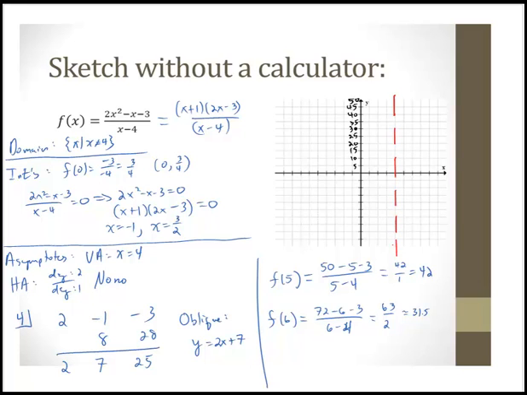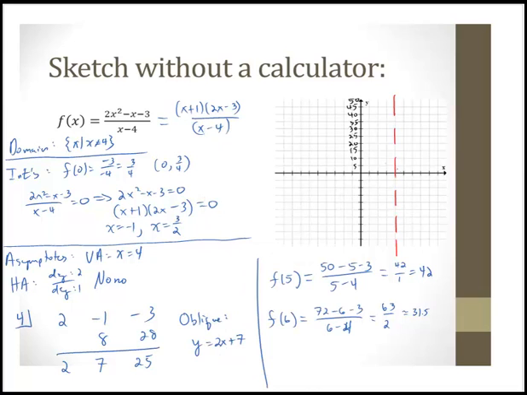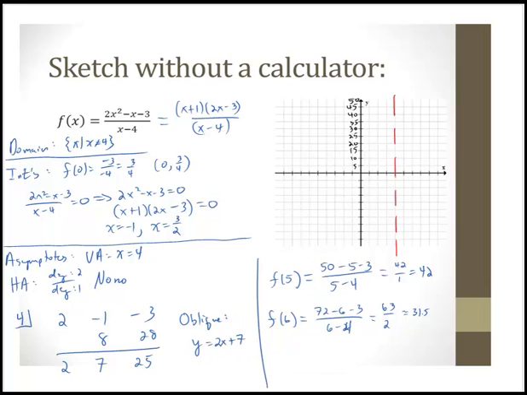Now I've got y equals 2x plus 7. So 7 is here, and I have a slope of 2. So that slant asymptote would look more like this on this scale that we have.